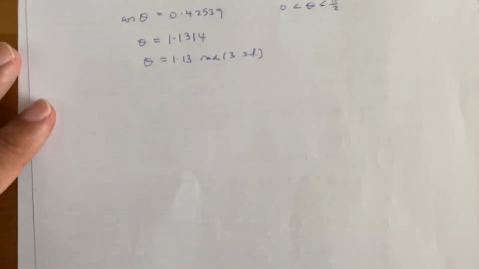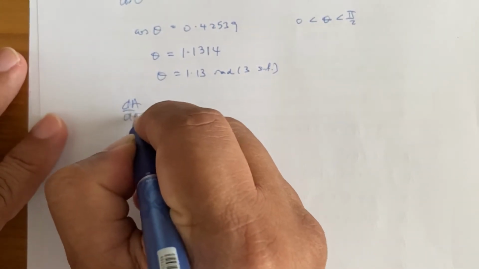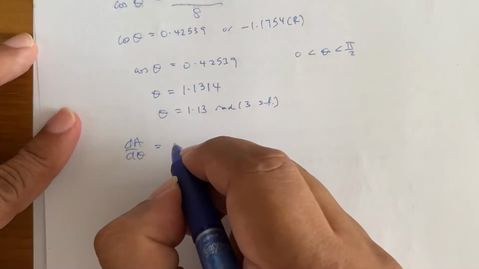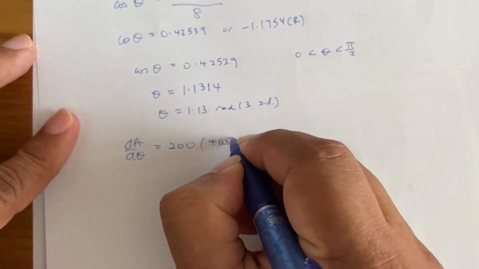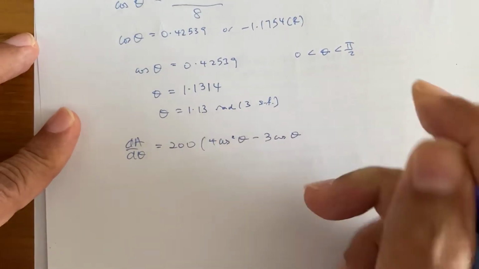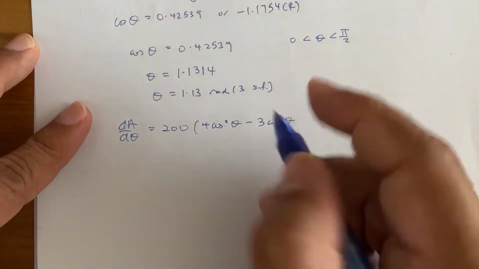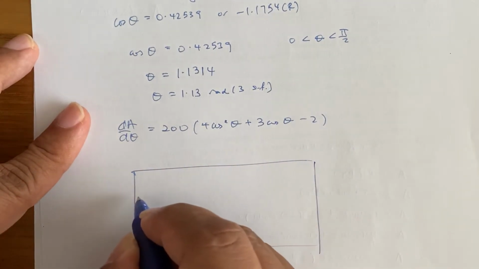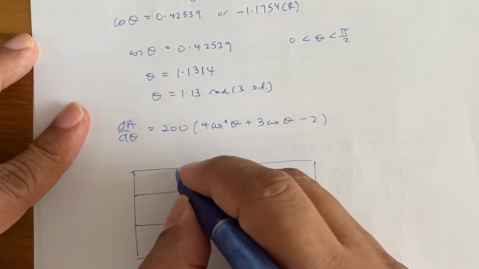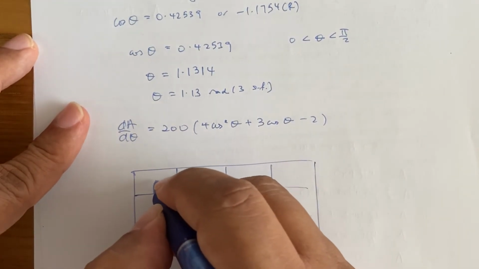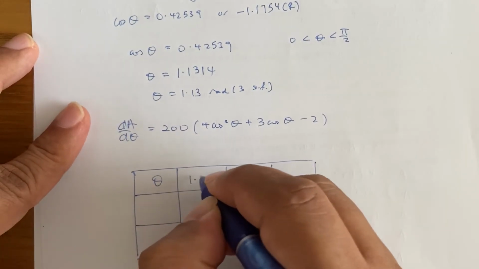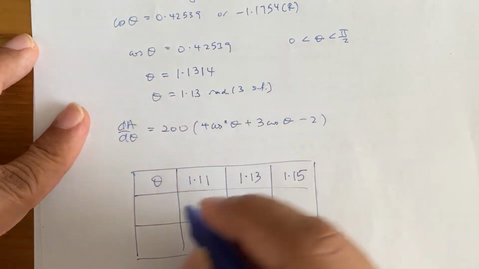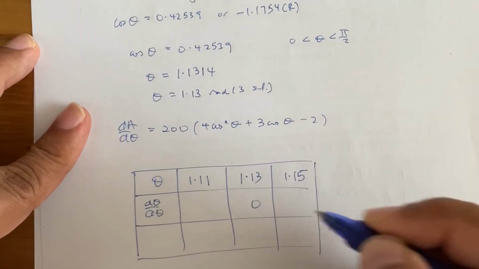Now I write down my dA/dθ: 200 times (4 cos²θ + 3 cos θ - 2). Now remember, this is θ = 1.13, so try 1.11 and 1.15. At 1.13, dA/dθ must be 0 definitely.